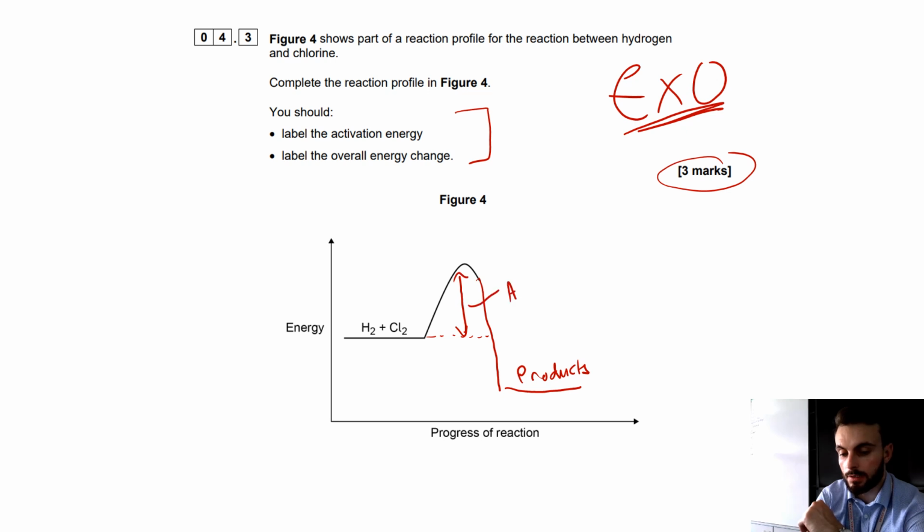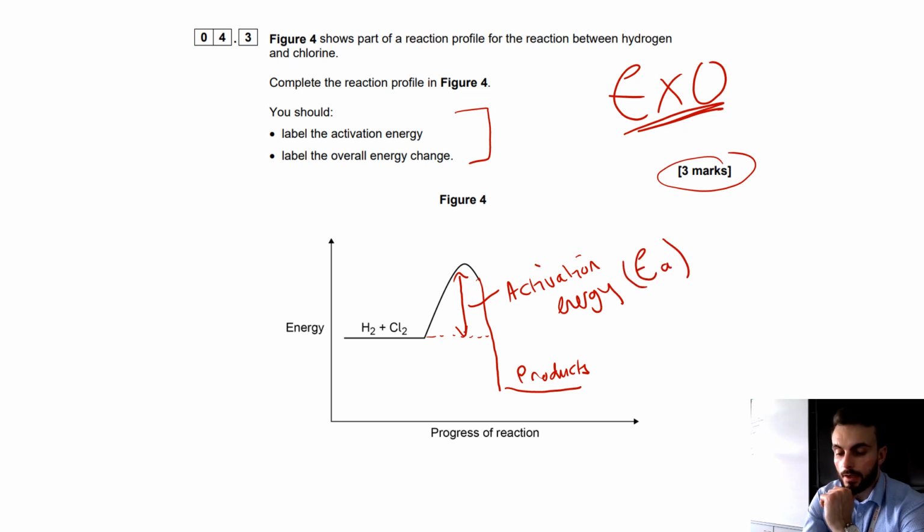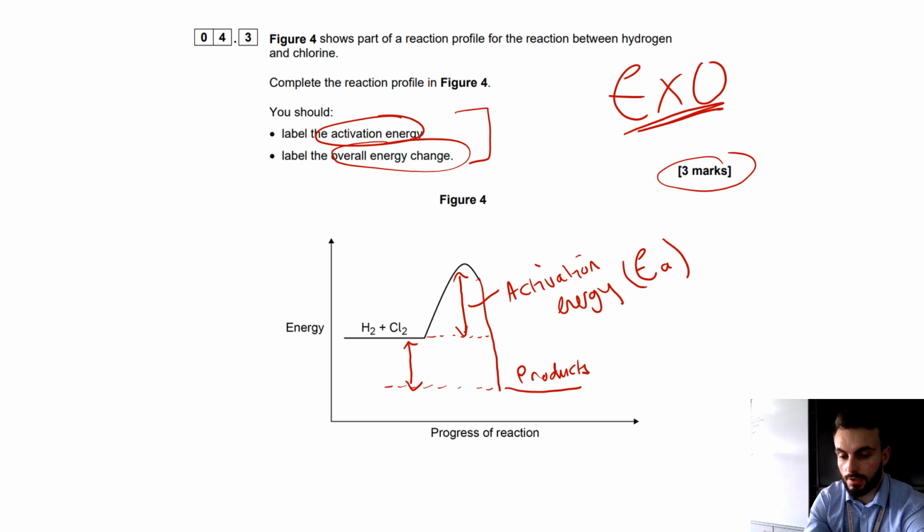So that's our activation energy, the amount of energy needed to get the reaction to start. And then we need to also label the overall energy change. So that is wherever the amount of energy was to start with to wherever it ends up at. So reactants to products, which is energy change. I'm just going to put delta H. Done.